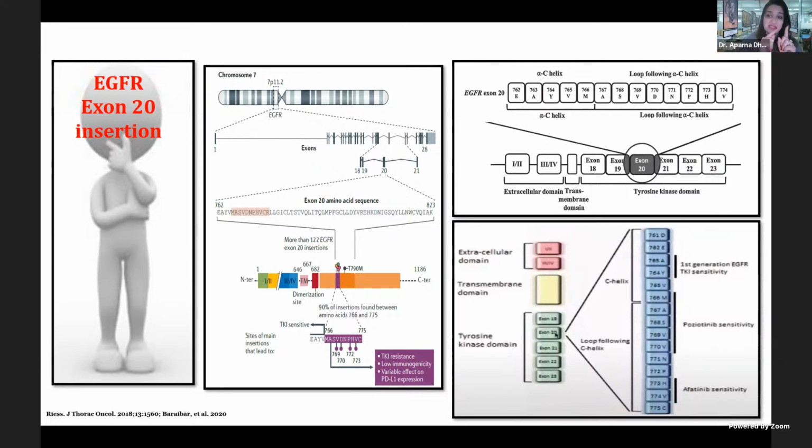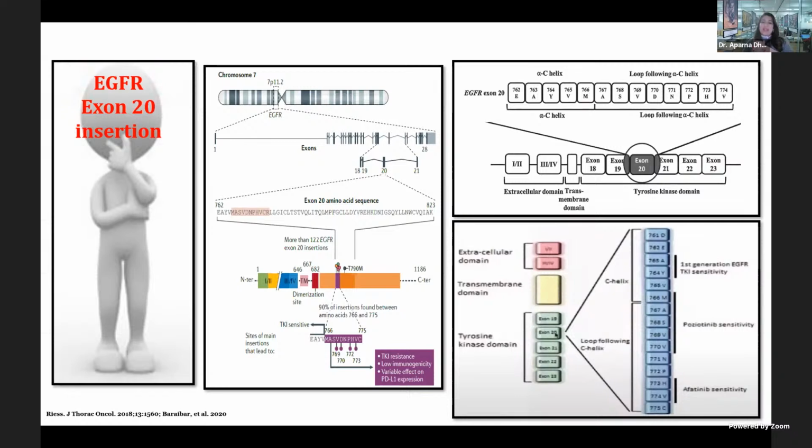It is from 766 to 770 that you show response to something like poziotinib. And similarly, between 773 and 774, it is to afatinib. Thus, reporting it as a standalone exon 20 insertion is not enough. You need to know the exact codon.